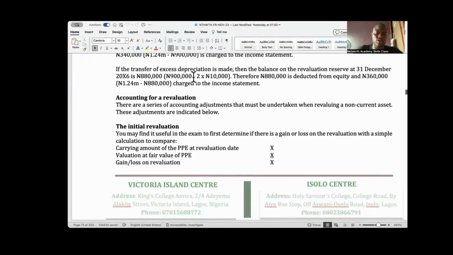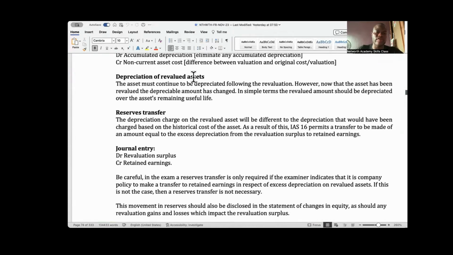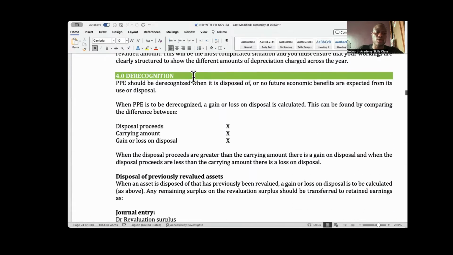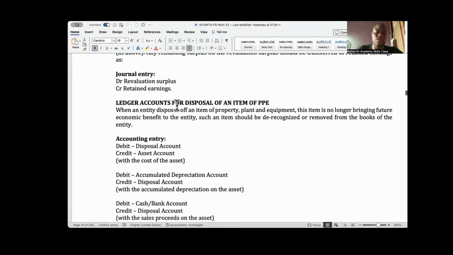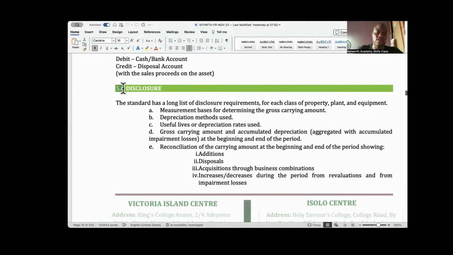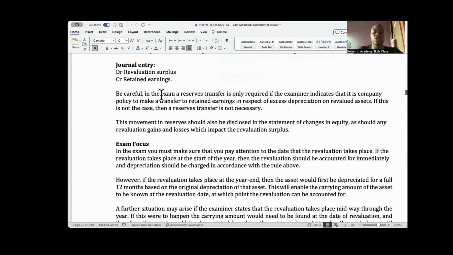I'm not sure we looked at it. No, sir. Yeah. So we did not look at revaluation. So we're supposed to look at revaluation. And also, we end it up with derecognition, then disclosure. So I need to explain that so that we can start solving questions.